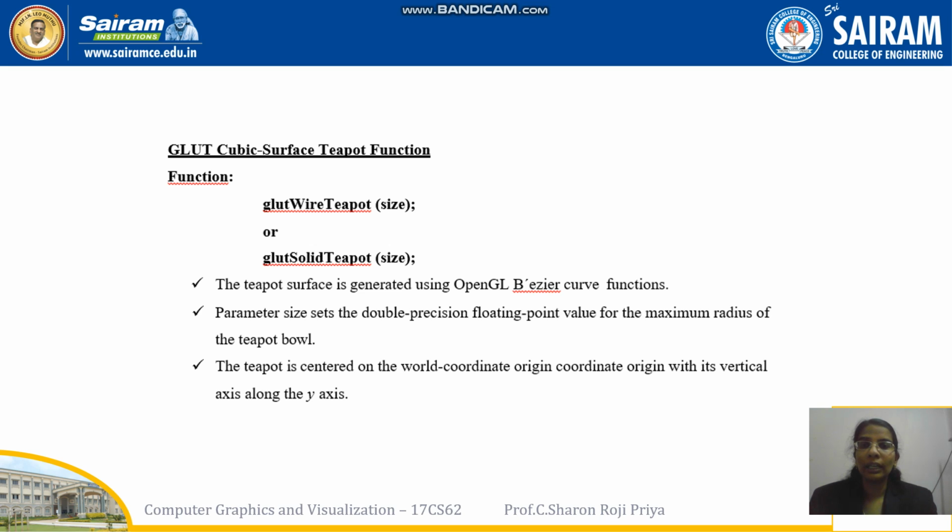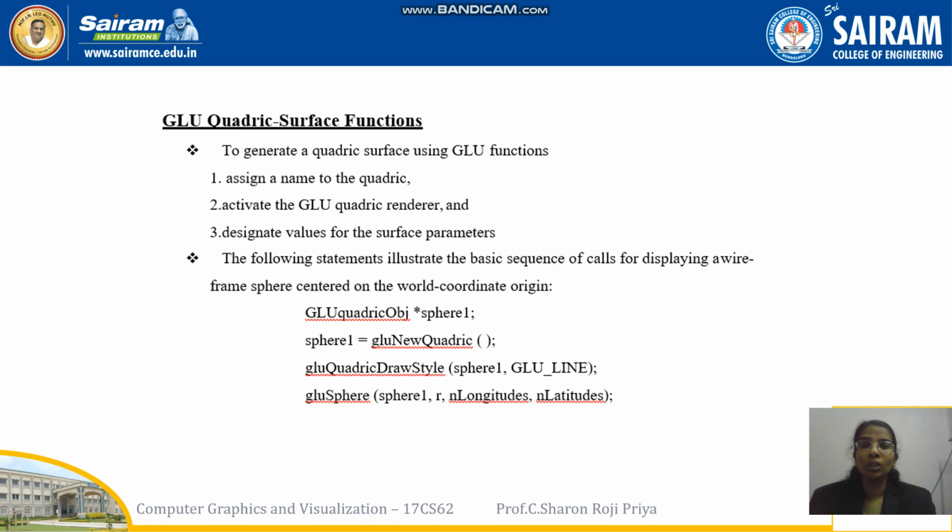Next, glutWireTeapot will give you the teapot. I can have a wire teapot or a solid teapot. Now we can see the GLU quadric surface functions. To generate a quadric surface using GLU functions, what are the steps I have to do?